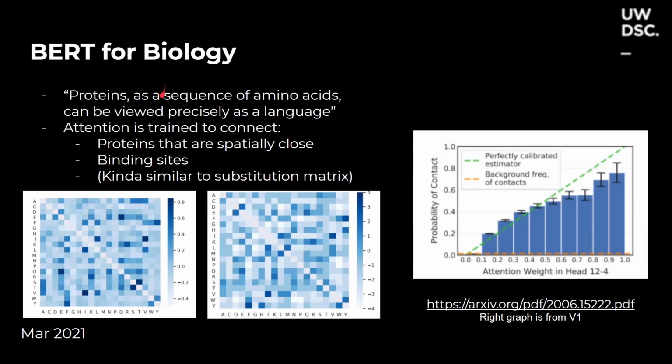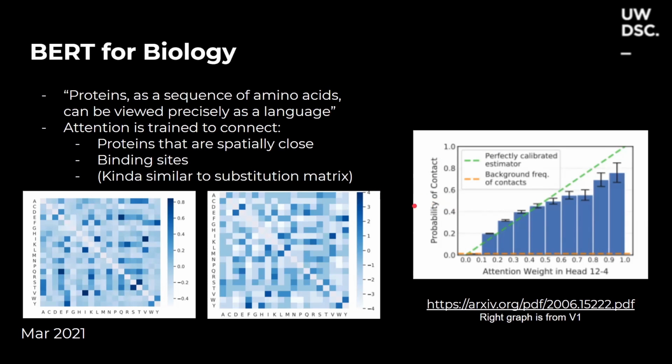It's important to note that these BERT models are not actually trained directly for any of these tasks or goals. They're trained to predict something else. I do not remember what it was, but essentially the authors in the paper think that it actually captures a lot of information that we did not intend to capture, but it's great that we captured.